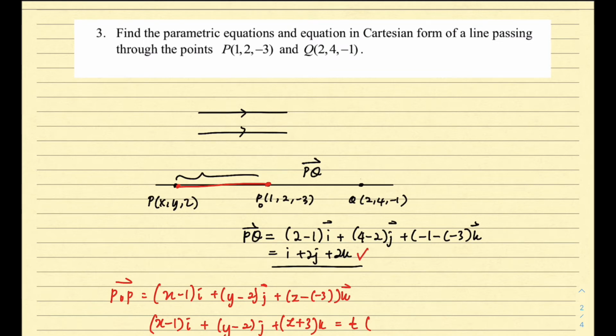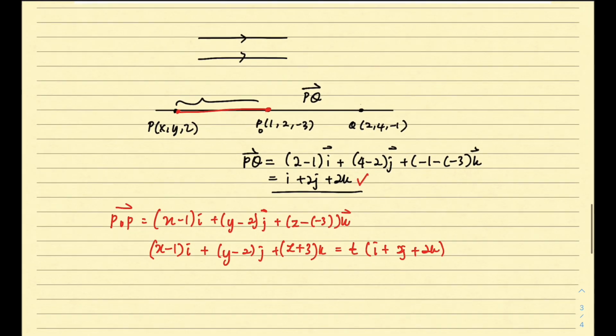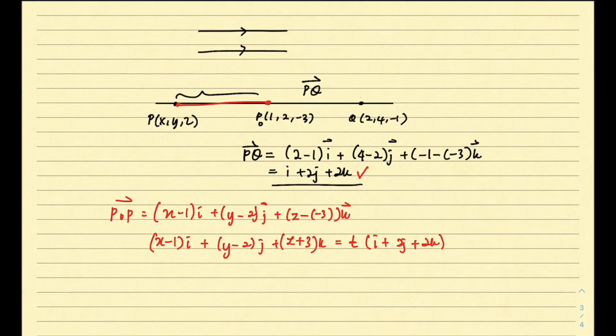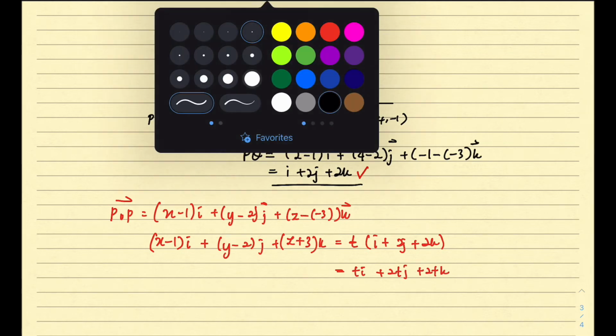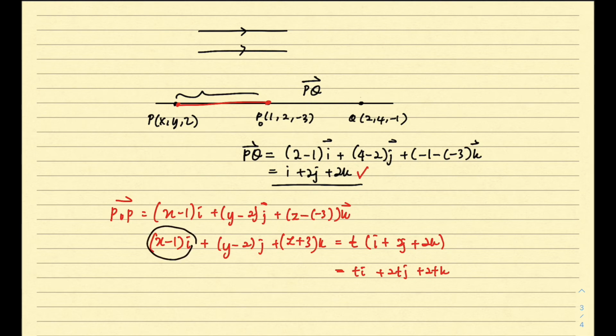So, here is the vector I plus 2J plus 2K. Okay, so kita buat proses yang sama. Okay, we compare. Sebelum tu kita expand dulu this one. So, awak ada TI plus 2TJ plus 2TK. Okay, so now we compare both side. Yang ada I dengan yang ada I.